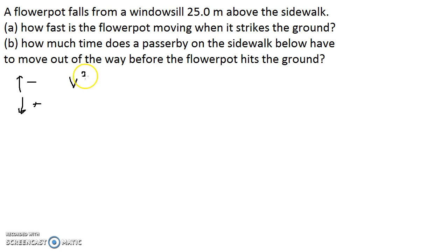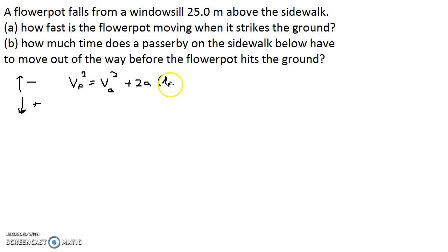Now the final velocity squared is equal to the initial velocity squared plus 2 times the acceleration multiplied by x or y final.